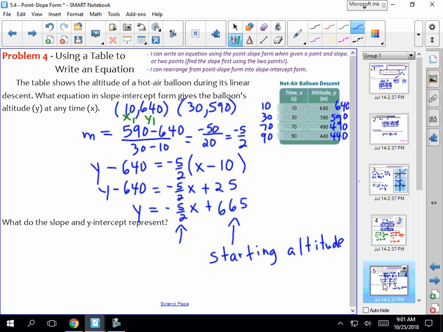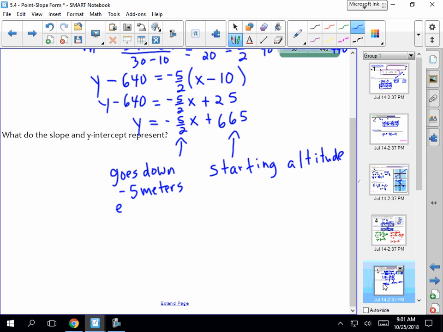And then his descent goes like this. Negative 5 represents the meters he goes down every, how many seconds here? 2 seconds, right? So he goes down negative 5 meters every 2 seconds.